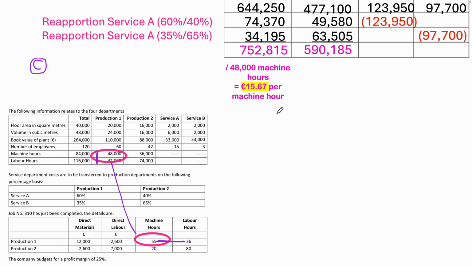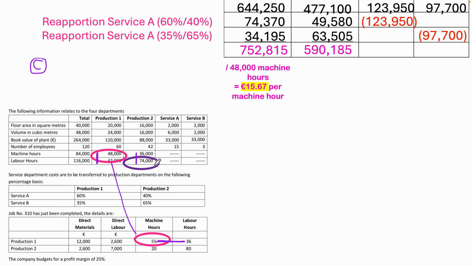So 590,185. How do we break that down? Production department 2. So here's our hours. We've got 36,000 machine hours, 74,000 labour hours. So the labour hours, 74,000, is the most dominant activity there.